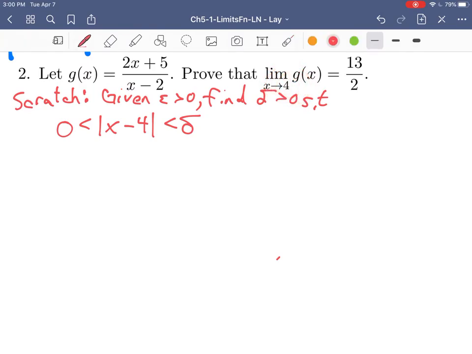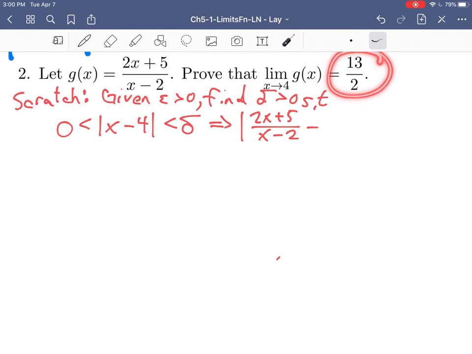So whenever we're within delta units of c, we want that to imply that the distance between our function, g of x, so 2x plus 5 over x minus 2, and the limit, which we claim was 13 halves, is less than epsilon.